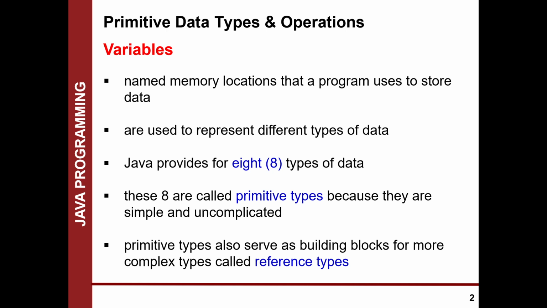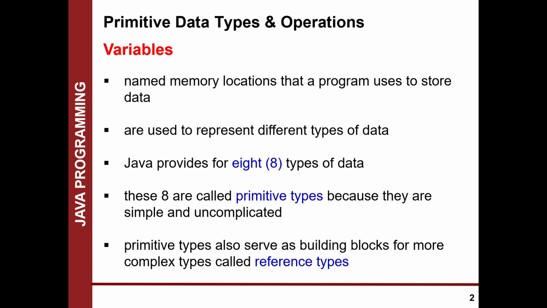So what programmers normally do is, if you want to write a program that will use a memory location, you have to tell the computer to leave a memory space for you, and that memory space you have to give it a name.